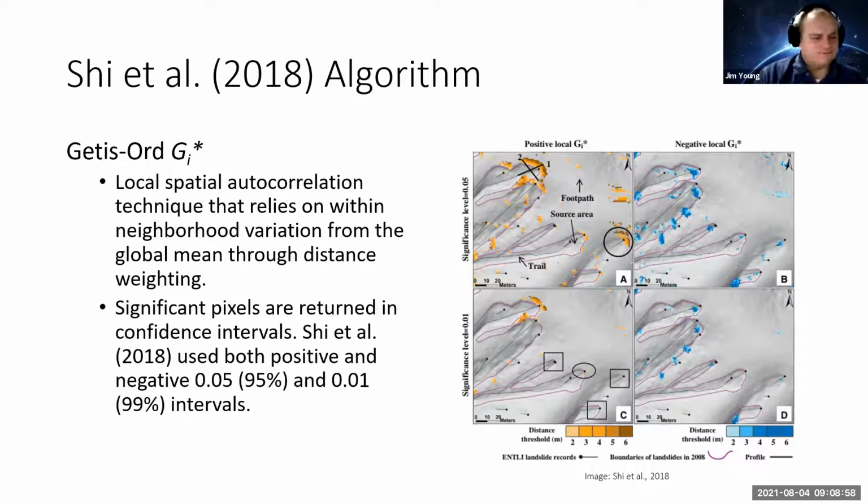The pixels that the technique decides are significant are returned in what are called confidence intervals. And in Xie et al., they use both positive and negative 0.05, or 95%, and 0.01, or 99%, confidence intervals.